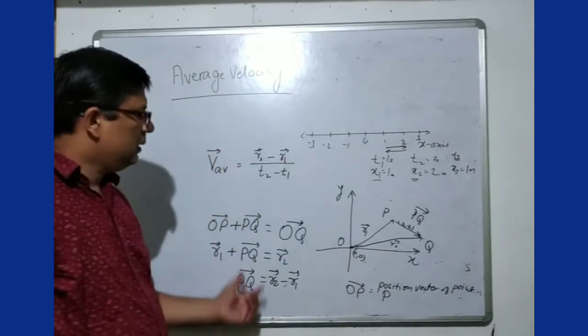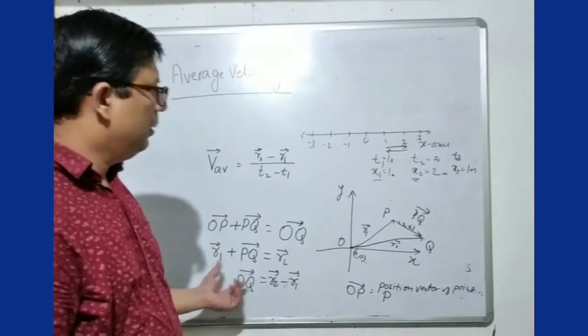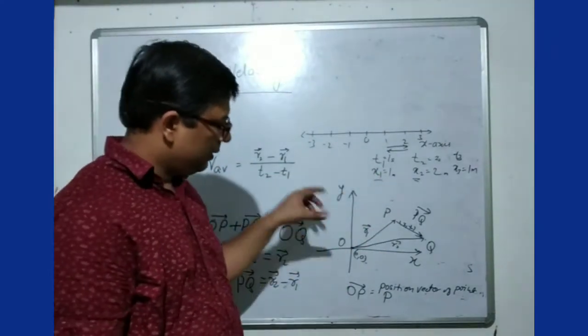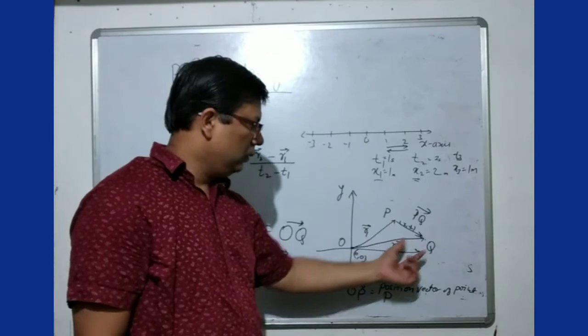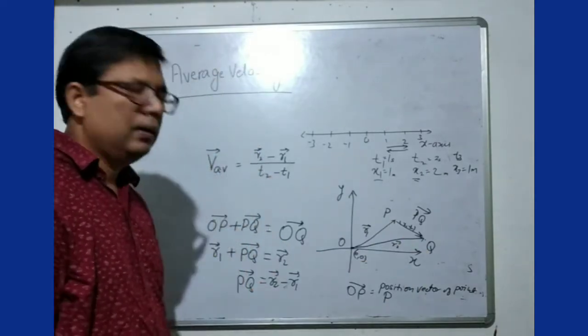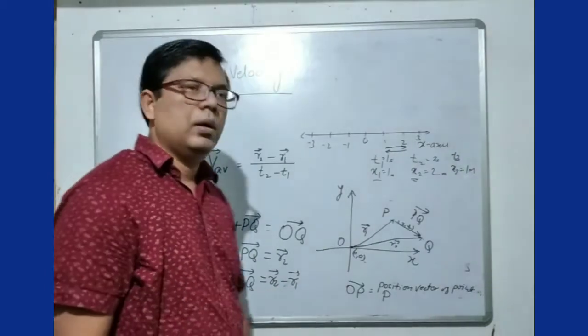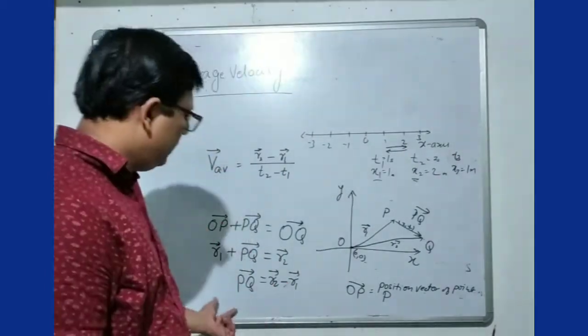So this will be the displacement. And if we know the position vectors of P and Q, then we simply subtract the position vector of P from the position vector of Q, and that will give the displacement.